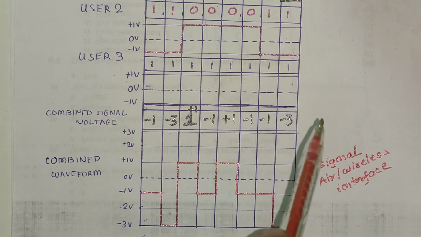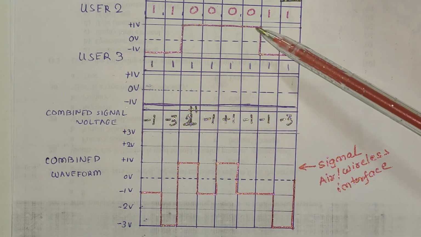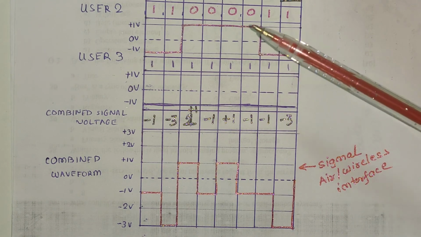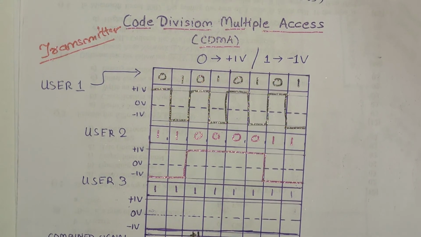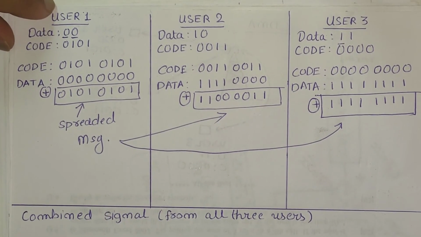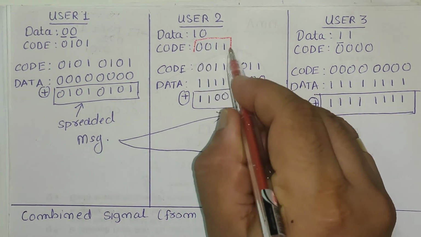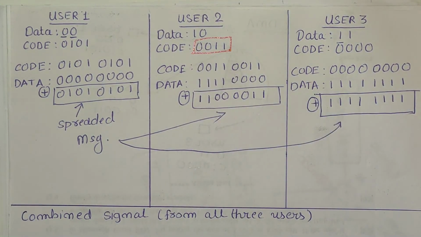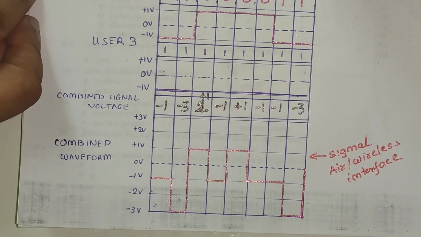So, for example, if you want to extract data for user 2, you are going to use the user 2 spreading code. So in our case, that code is going to be 0011. So I can definitely show you that. This is my code for user 2, and you can see this code right here. So you can use this code and the combined waveform which we have just drawn here, and you can extract the data for user number 2.